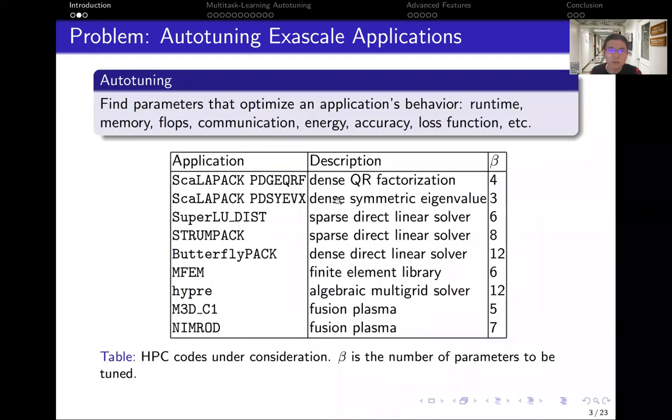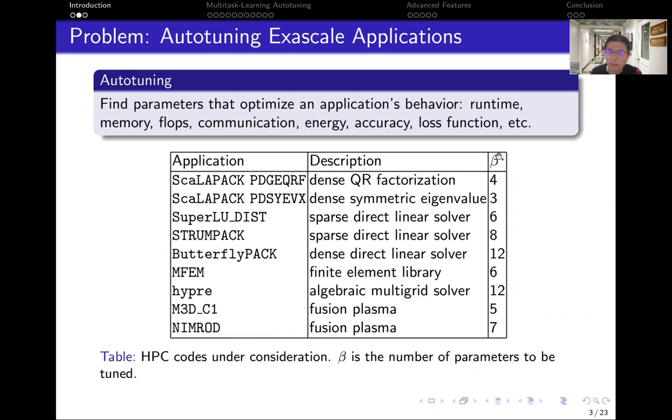So as we probably all know, auto-tuning means finding a set of tuning parameter configurations that would optimize an application's performance, such as runtime, memory, or accuracy, etc. Here I listed a few of the HPC codes that GPTune considered, ranging from dense and sparse linear algebra libraries, finite element libraries, algebraic multigrid methods, and fusion simulation codes.